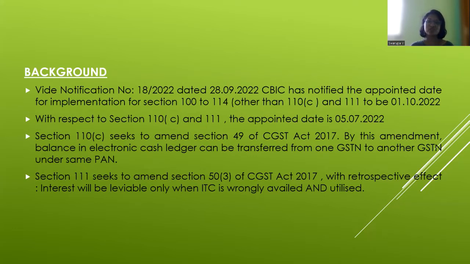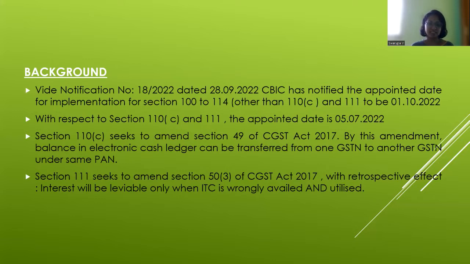With respect to Section 110C and Section 111 of the Finance Act, the appointed date is already notified to be 5/7/2022. We'll first see what these two sections are.